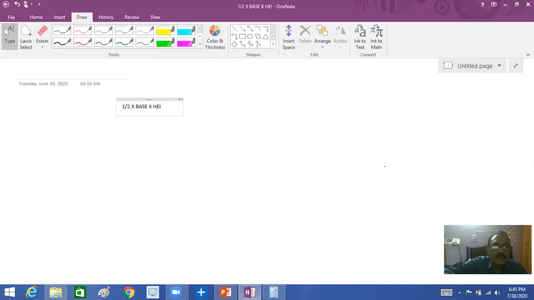Here, 1 by 2, and the base is S D, this is small d, into small d.